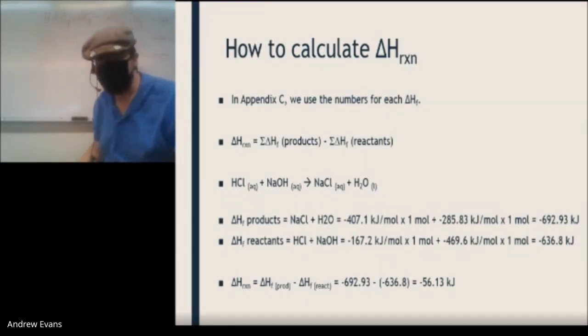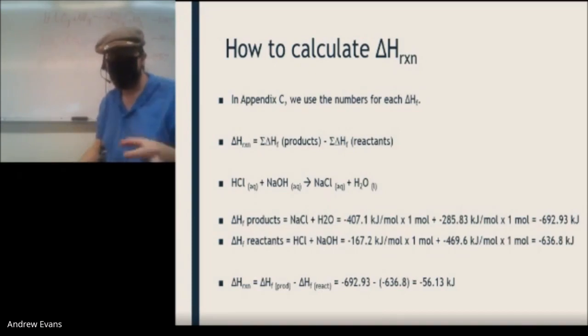Because the products are the final state, those are the final energies. Because the reactants are how we initially start, those are our initial energies. So we're going to add up all the delta H formation for the products, all the delta H formation for the reactants, and subtract the two.